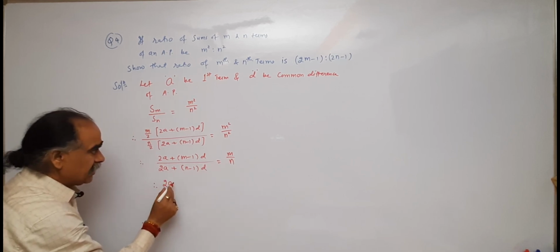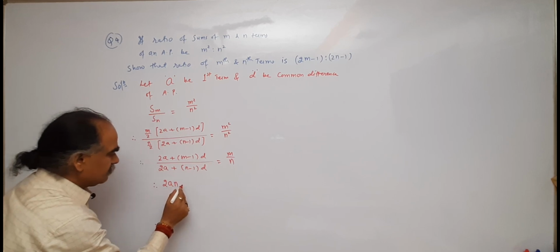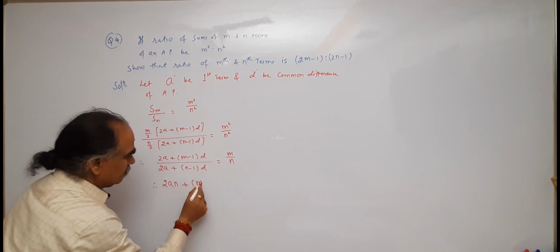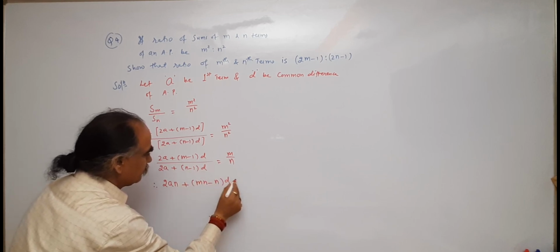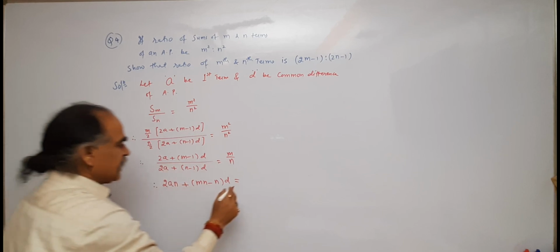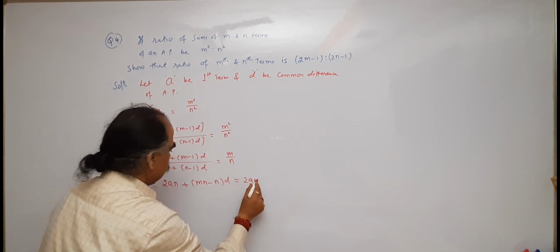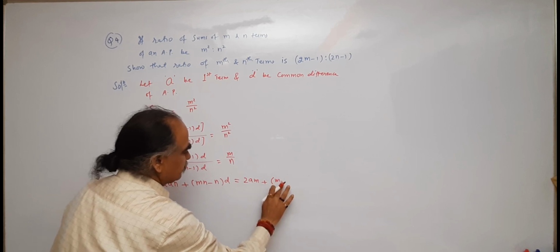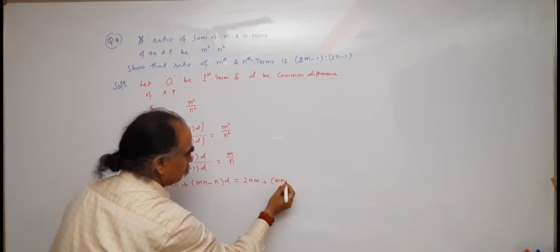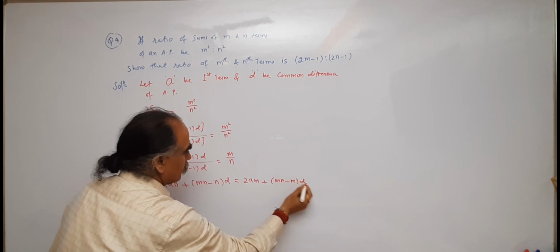So 2an plus mn minus n into d is equal to 2am plus mn minus m into d.